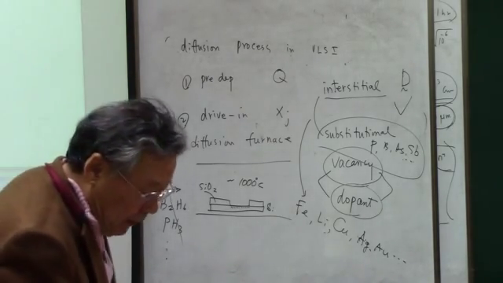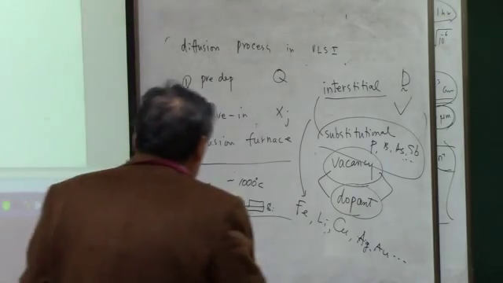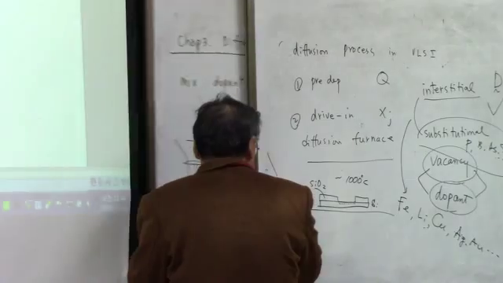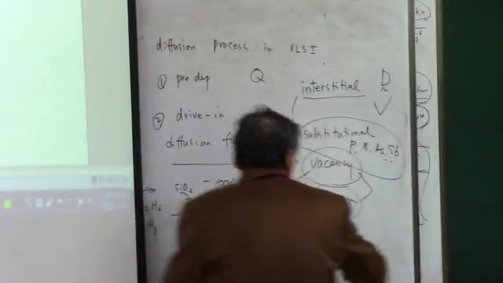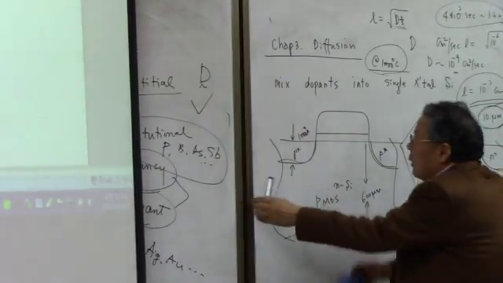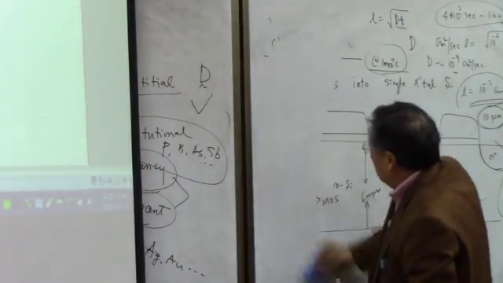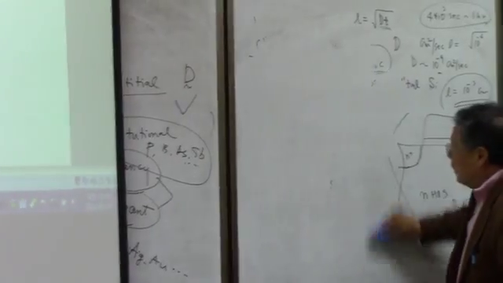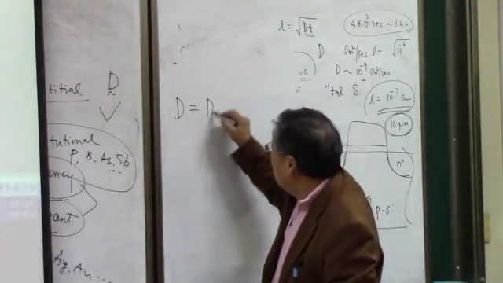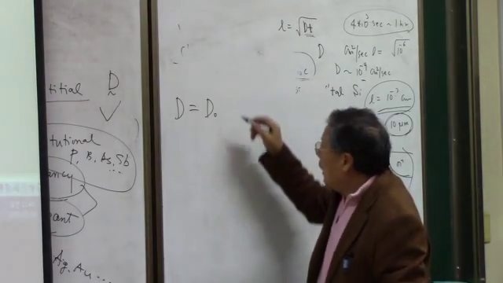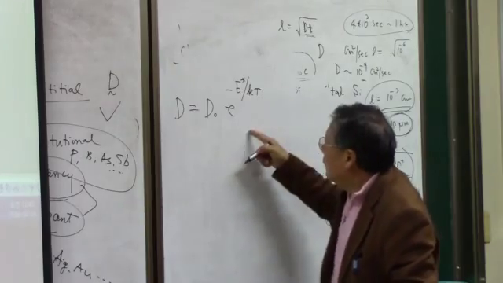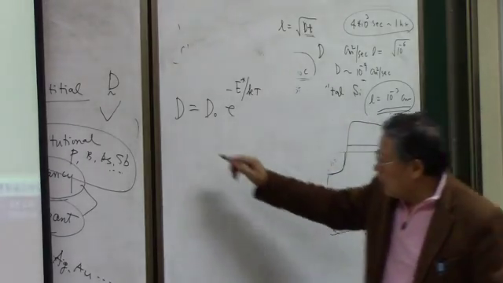And the diffusion coefficient itself is an Arrhenius type, a thermally activated process, so the diffusion coefficient can be written as an Arrhenius type plot like this.